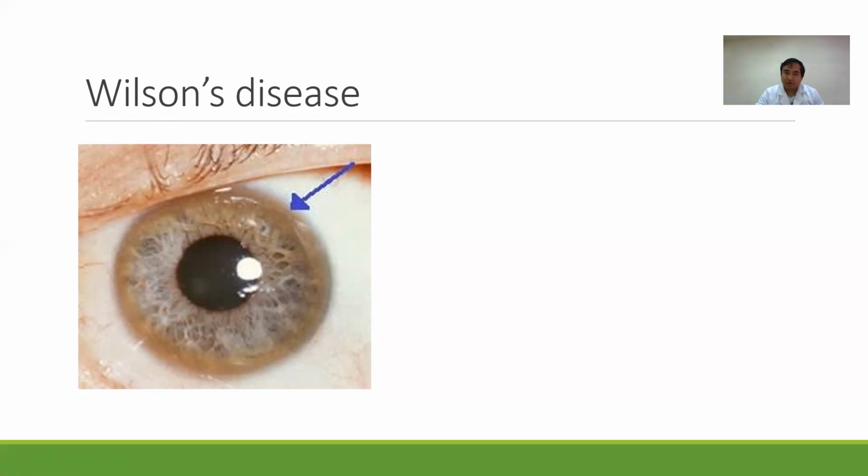So if someone has some neurological symptoms and a liver problem, then you have to always think of Wilson's disease. If someone has unexplained liver dysfunction, then you have to always think of Wilson's disease. So always try to work out for Wilson's disease. I think we often misdiagnose Wilson's disease.